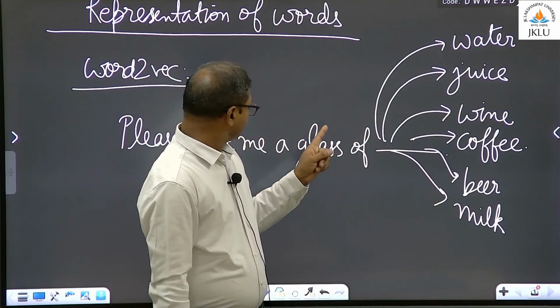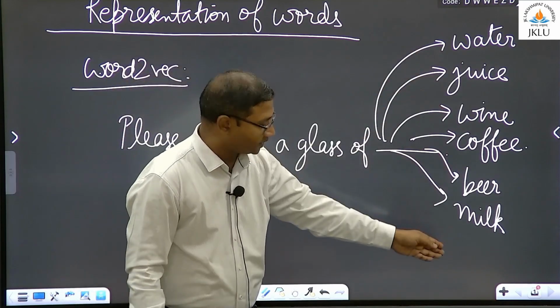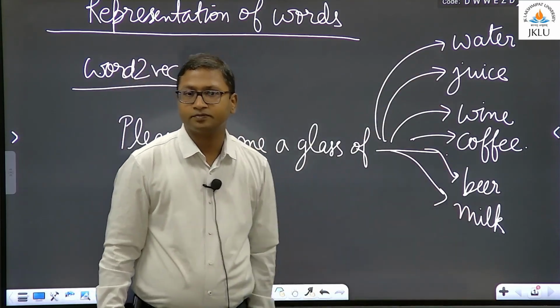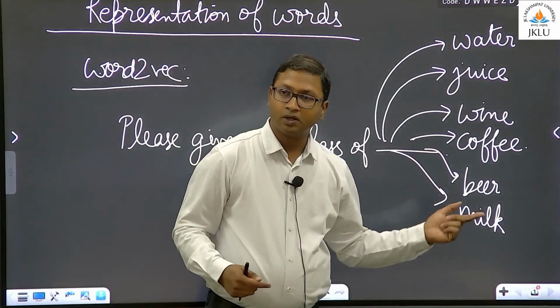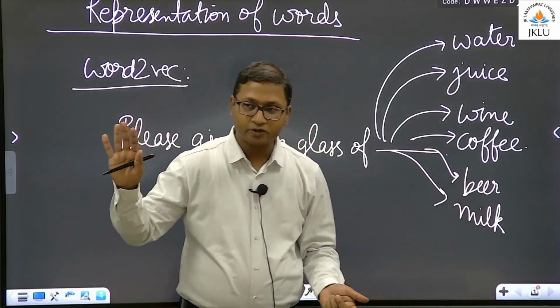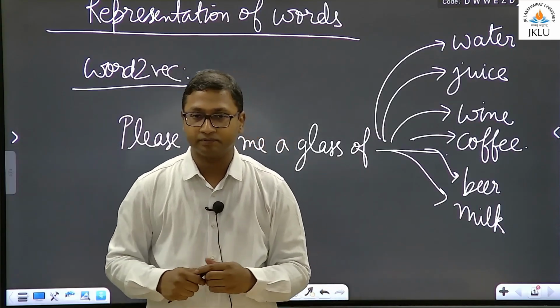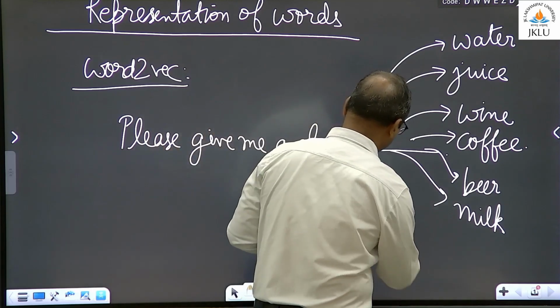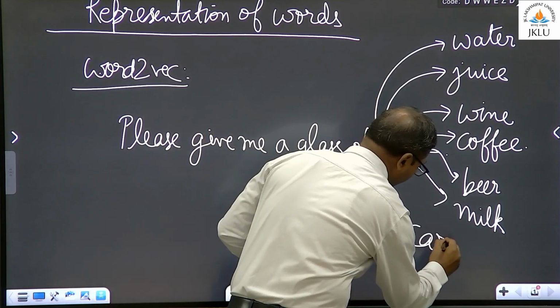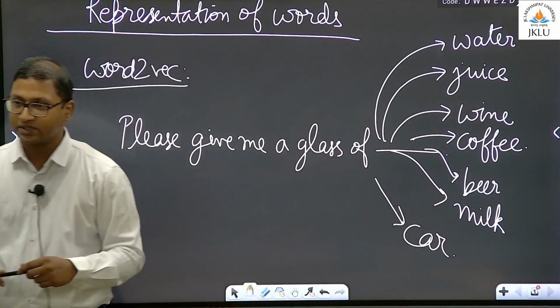So: please give me a glass of this. How big can this list be? If we start enumerating every word and check whether it fits here or not, how many will there be? Right now I am assuming our vocabulary size is 30k. Please give me a glass of car, is that according to you a right completion?